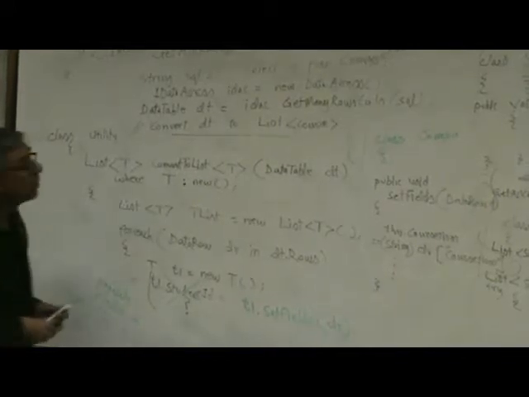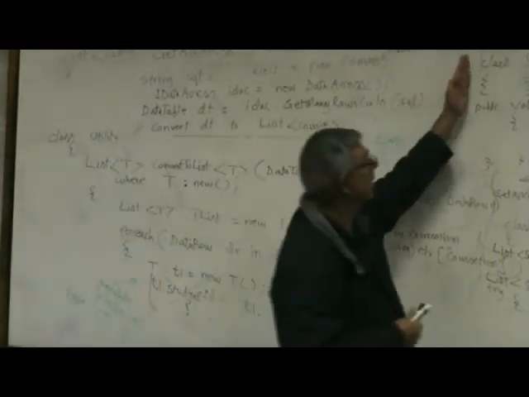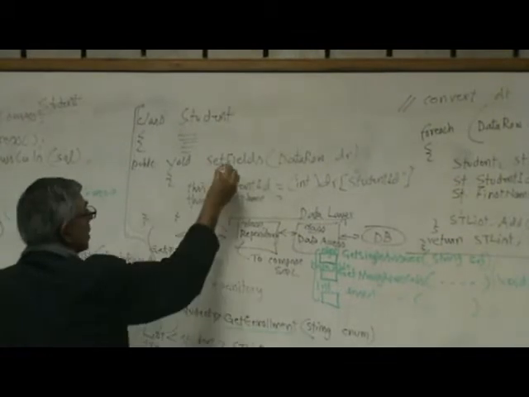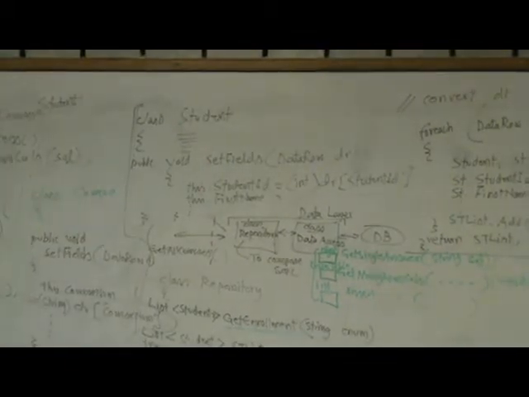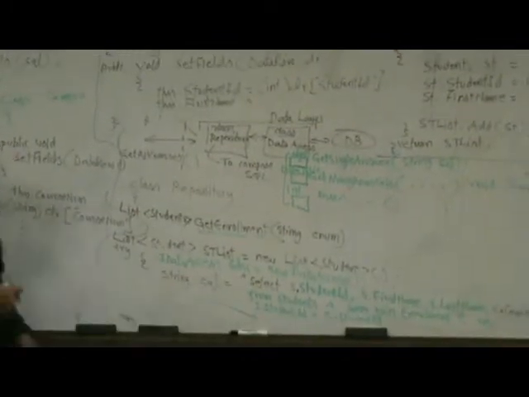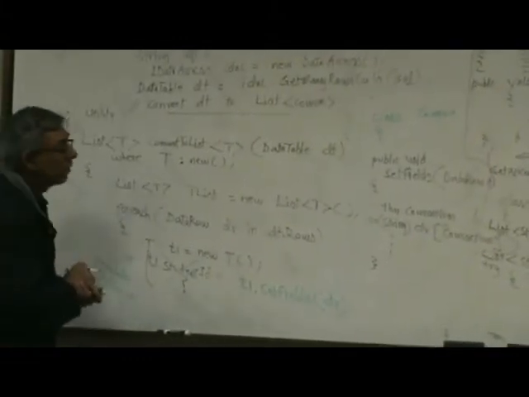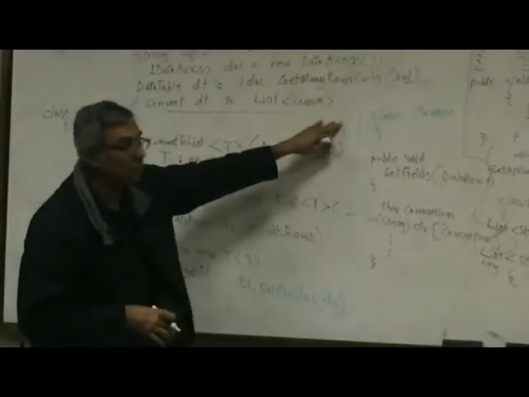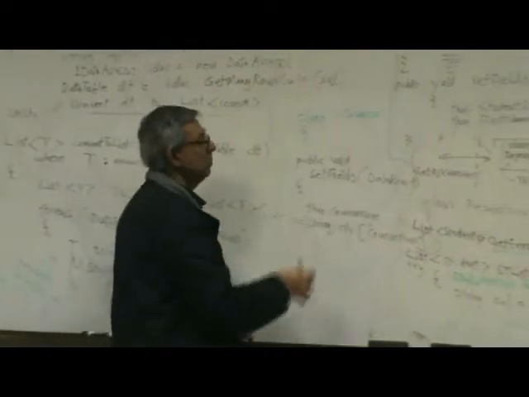However, there's one last problem with this. Suppose you created the student class and you wrote this method called setFields. Now somebody can easily, towards the end of their getEnrollment, call this convertToList method, and it will work. Now let's say somebody developed the course class, and let's say they misspelled it.